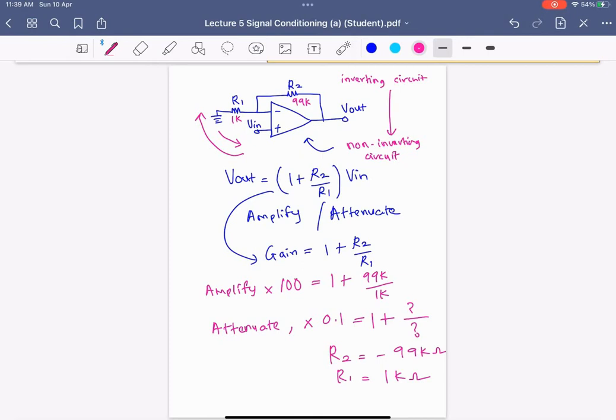You would just get a slap emoji. Go and learn again. There is no resistance with a negative value. It only goes from 0 ohm up to infinity ohms.